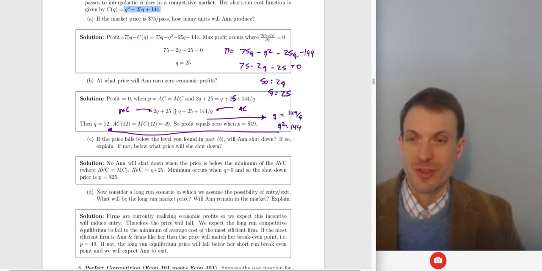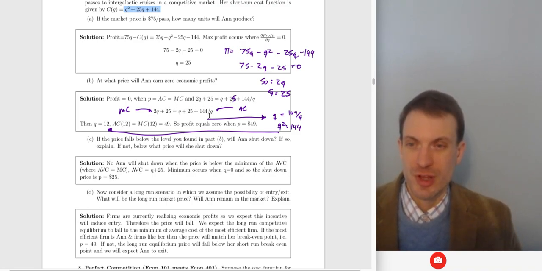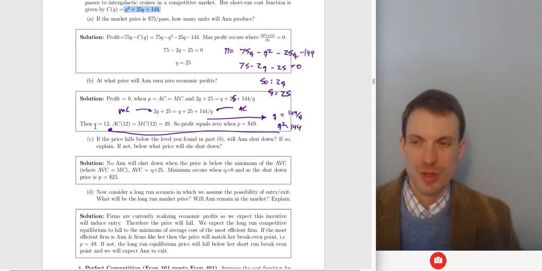All right, so we'll set this equal to each other, and then solving, we'll find we need a quantity of 12. What'll happen? Well, if we're following this logic here, the 25s drop out. I'll get q equal to 144 over q, or q squared is equal to 144. So q is equal to 12. Square root of 144 is 12.